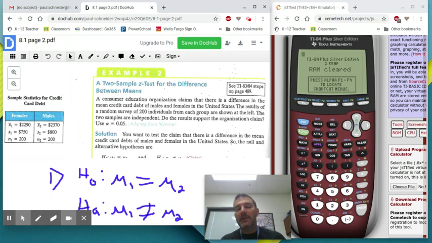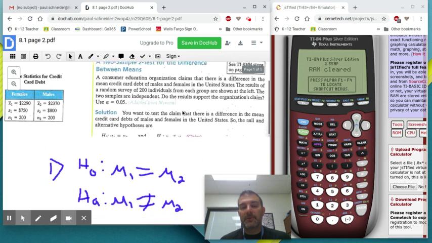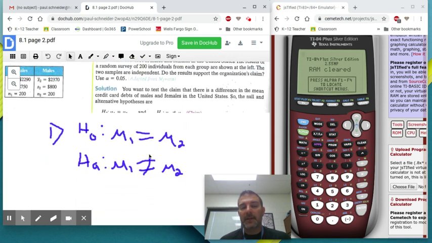So the thing you're going to be looking for in these problems is what language is being used. If it says a difference, that just means something is different about it. It does not give us an example, and we'll go into an example later, whether it says greater than or equal to, greater than, less than, and all that. So if it says there's a difference, you're going to use the pairing of equals and does not equals.